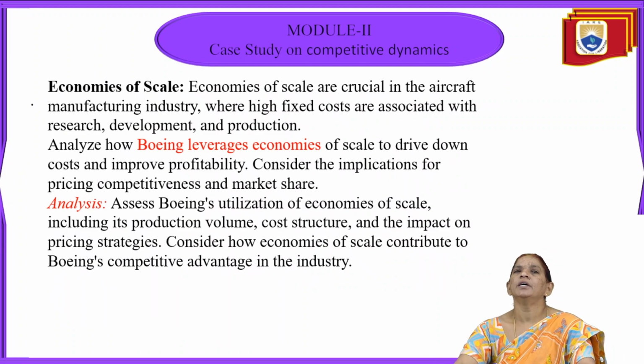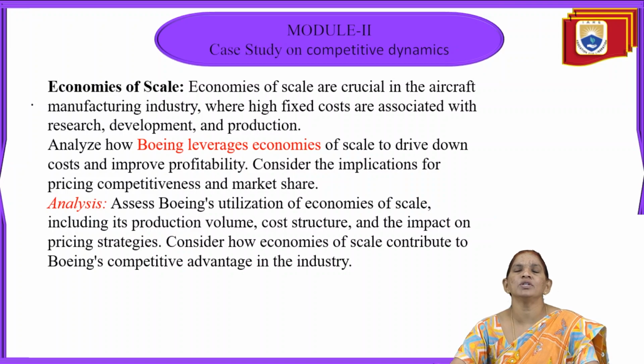So with this, another one is economies of scale. Boeing is also involved in large scale production as it is a global aviation supplying center. So the aircraft manufacturing industry spreads the fixed costs associated with research, development and production.